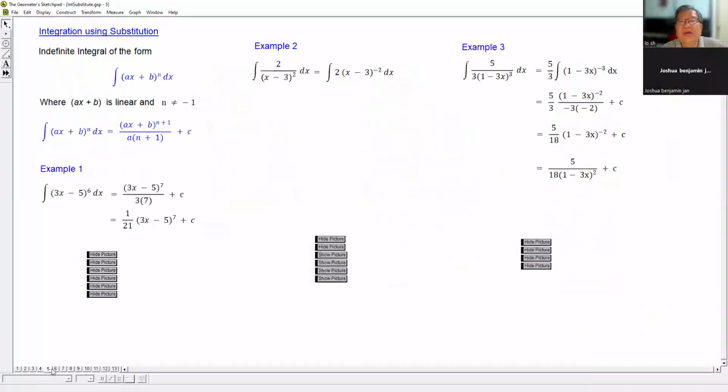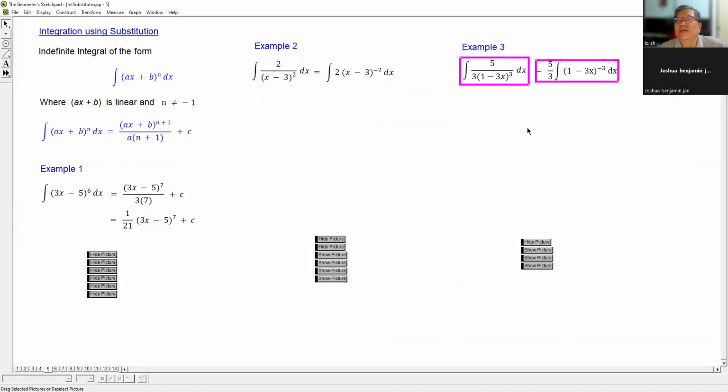This one has a -3 there. You better be careful. You try this. This one, you change to this. Then I switch to the other page for you to refer. You copy down this.